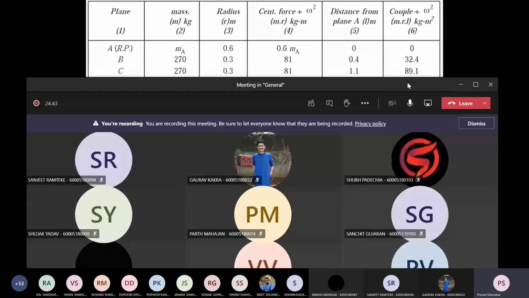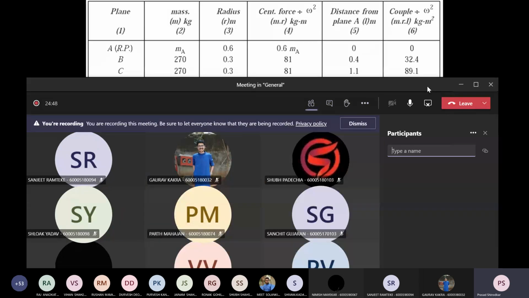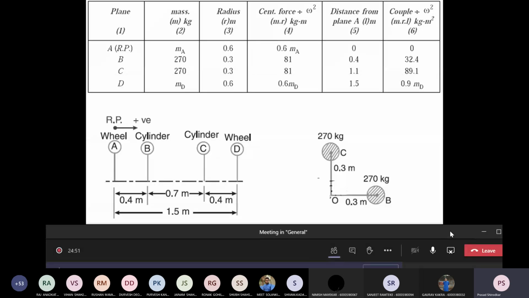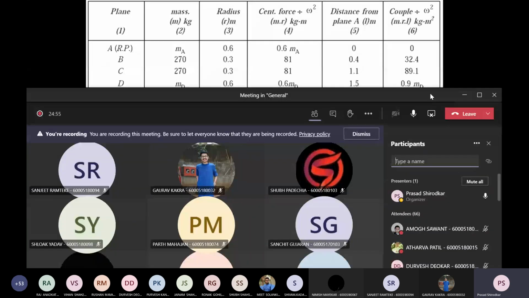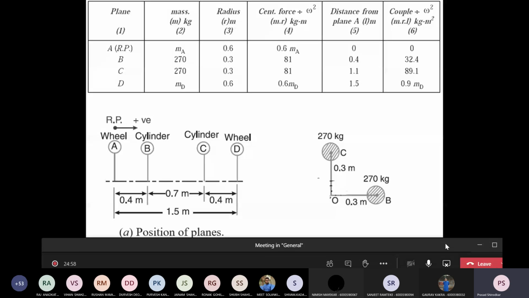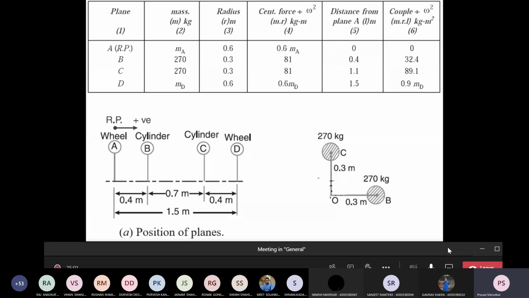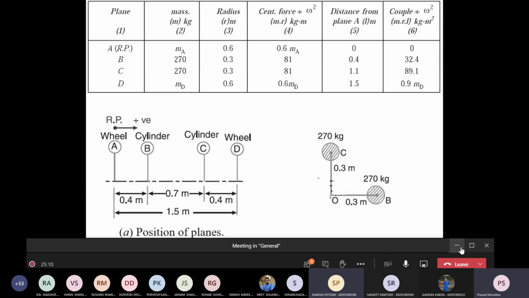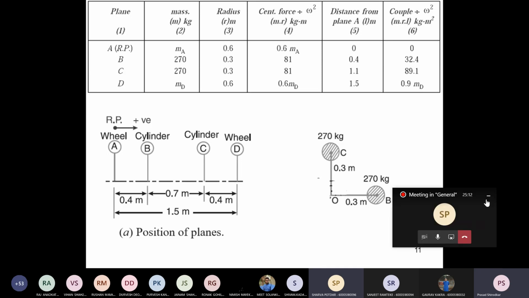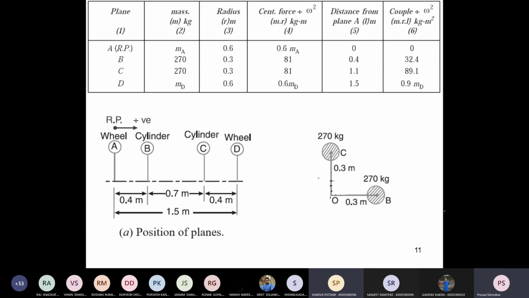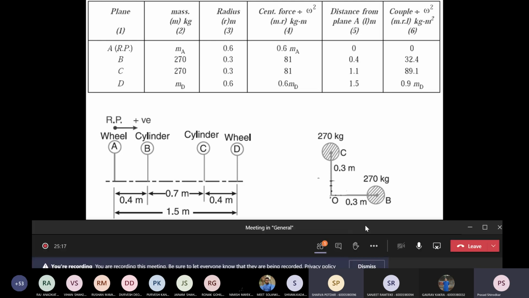Those who have not finished till this point, please raise your hand in the chat box. Sir, I raised my hand, but it is not visible. Oh, it is visible to me. Only one student has raised the hand, right?